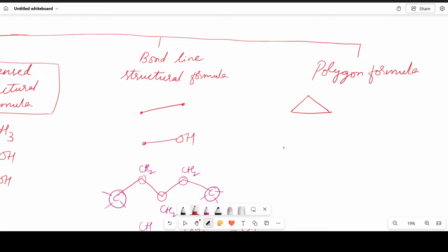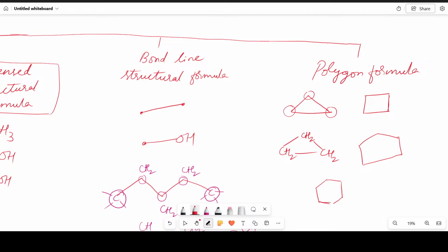Say for example, I have cyclopropane. That means you have CH2, CH2, CH2. So each corner has got CH2. Next you have cyclobutane. Next you have cyclopentane. Then you have cyclohexane.